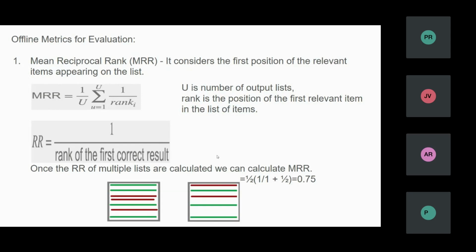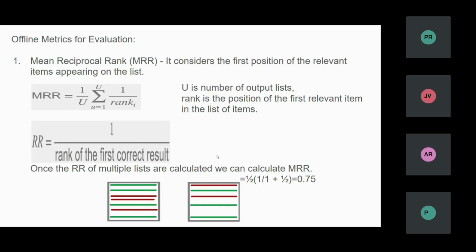For simplification purposes, we'll only consider two of these lists, but it will be understandable how to calculate it for more lists. First, to compute the MRR, we have to compute the reciprocal rank of each list.